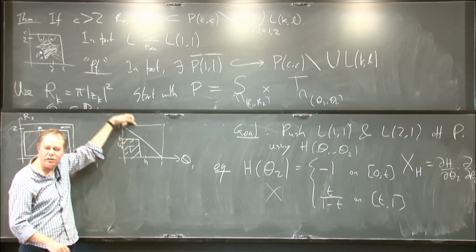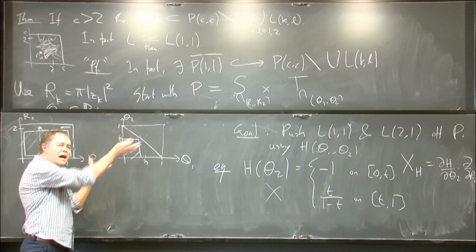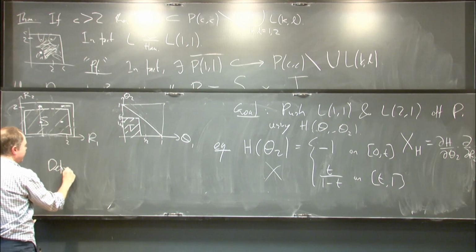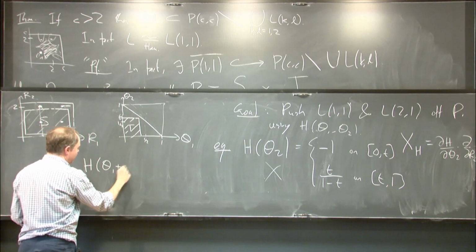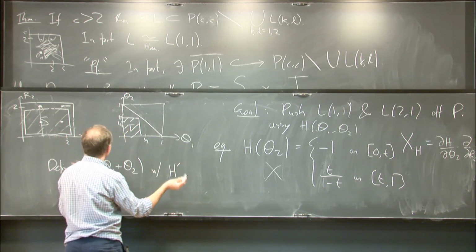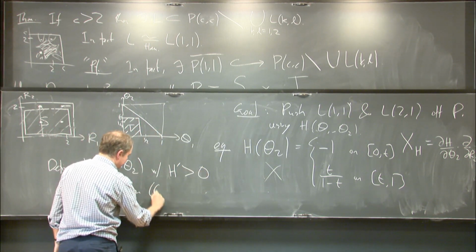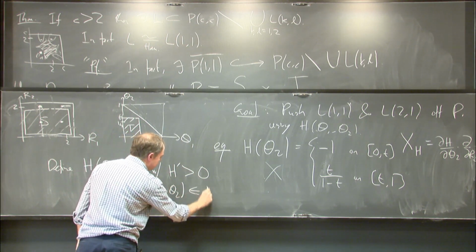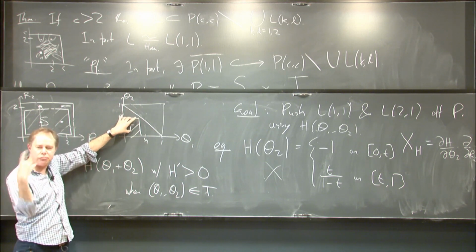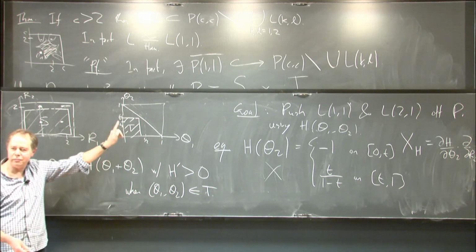But exactly because I'm missing this line, there's another kind of Hamiltonian I can define. Because you're missing this diagonal, you can make diagonal moves as well. So you can define a Hamiltonian which depends on θ1 plus θ2 with positive derivative, or negative, when (θ1, θ2) is in T. As long as θ1 plus θ2 is strictly less than 1, I can make this derivative positive.